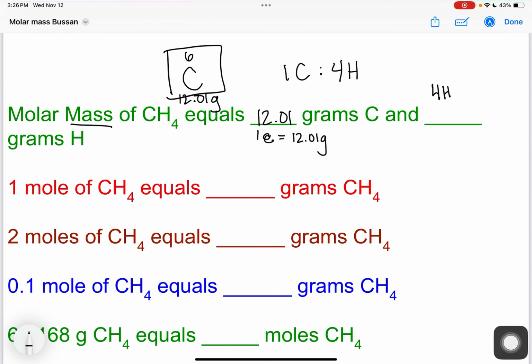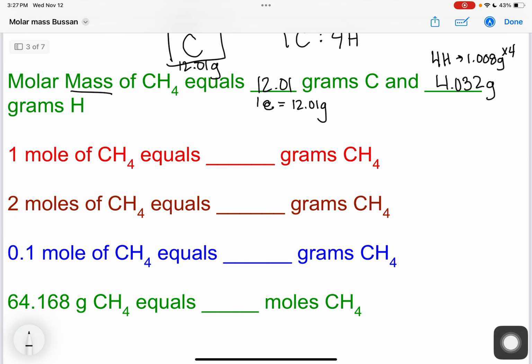Well, if each one weighs 1.008 grams, I just take that number multiplied by 4, and I should see that in the end, I will end up with 4.032 grams, okay?